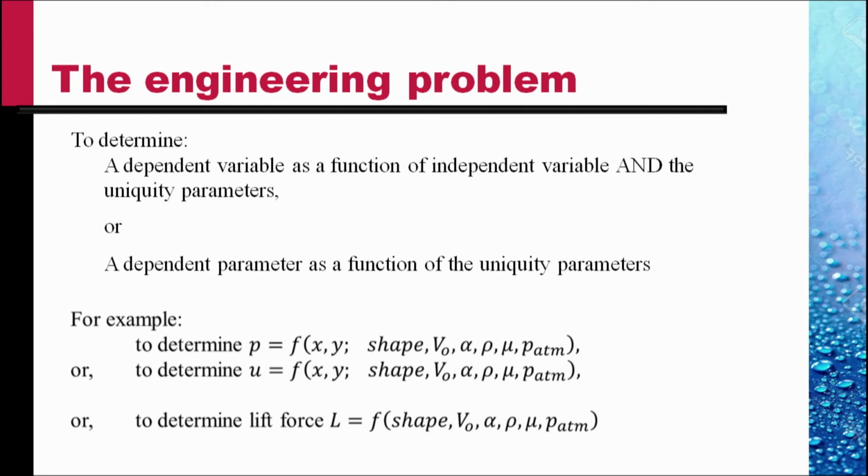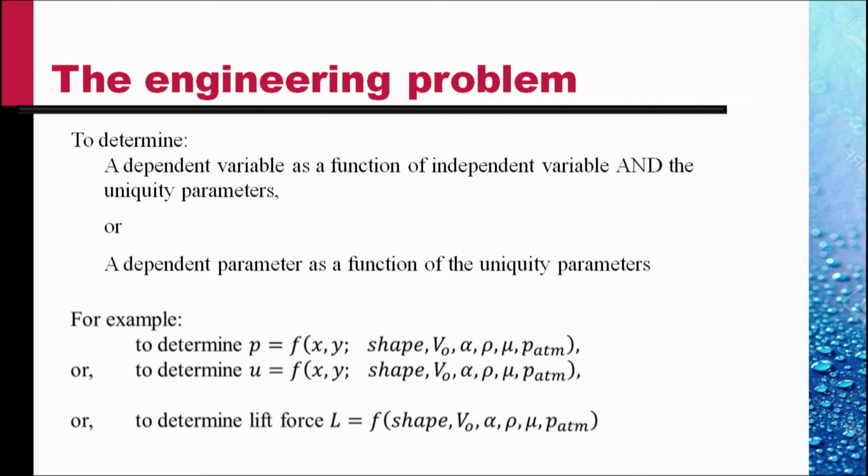For example, an engineering problem could be to determine pressure p as a function of the independent variables, the location variables x and y, and the uniquity parameters: shape, velocity far away or velocity of the airfoil, alpha the angle of attack, rho, mu the properties of the atmosphere, and the atmospheric pressure itself.